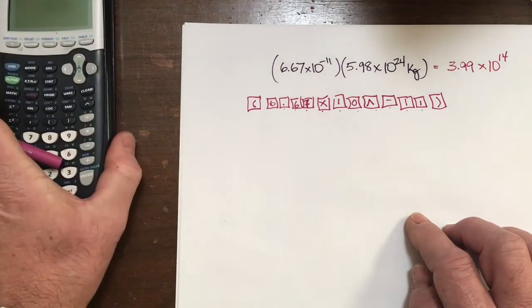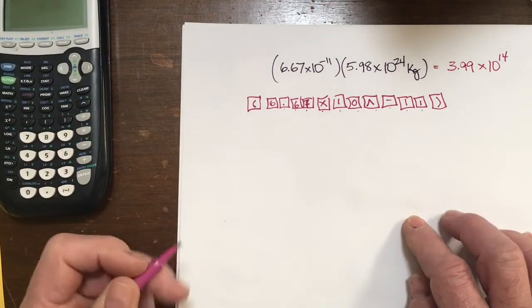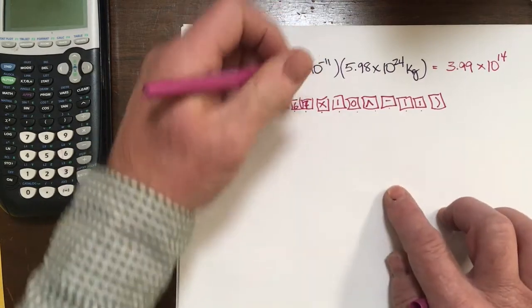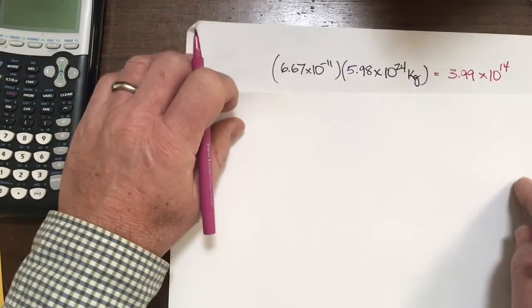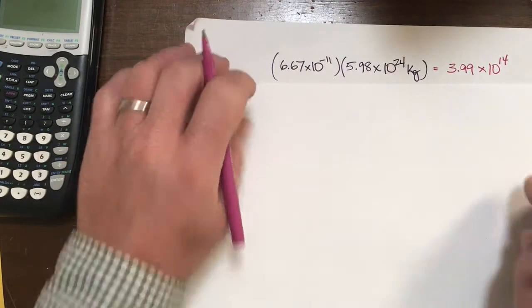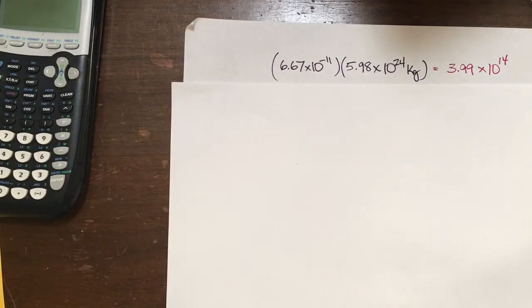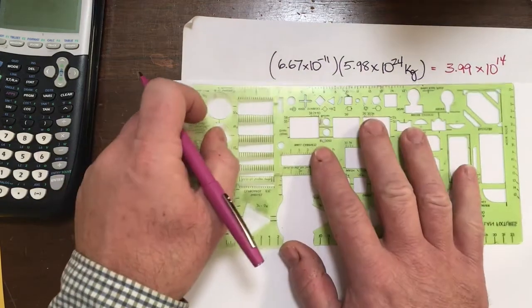The only thing I really should add is, let's say you were multiplying these two numbers, but then you were performing a division with a third number.